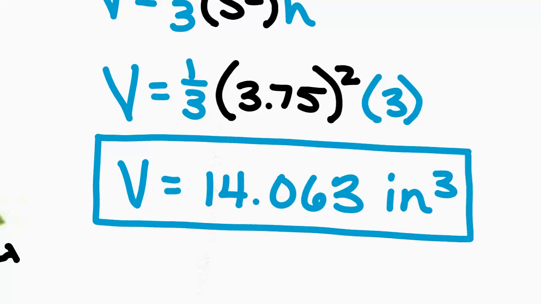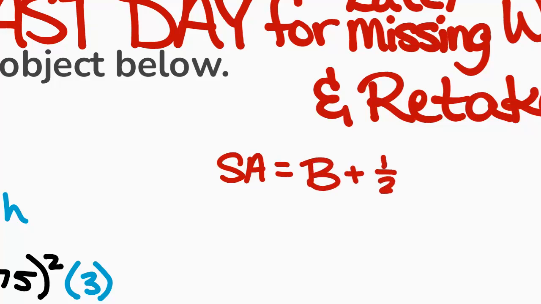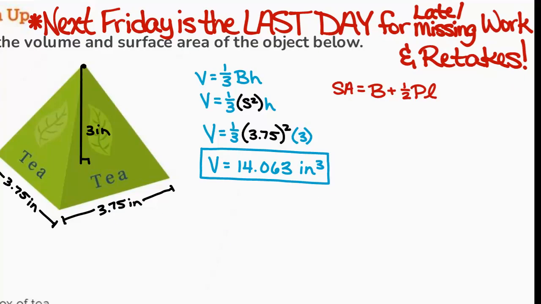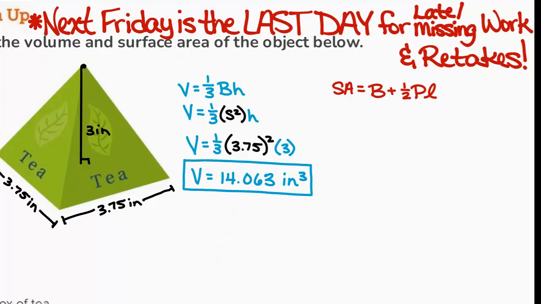All right, and now we need surface area. What is the formula for the surface area of a pyramid? Super close. Not 2b because we only have how many bases on a pyramid? Just the one. So one base plus 1/2 perimeter of the base times the slant height, which is our cursive L there. All right, so area of the base, again, it's a square base, so we're going to do side squared for that.